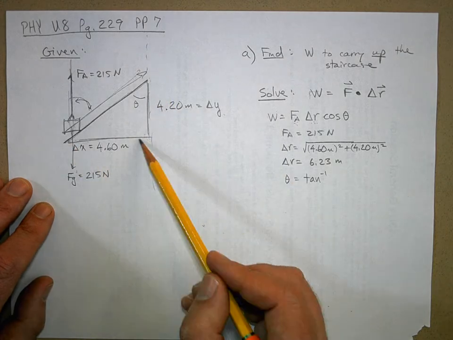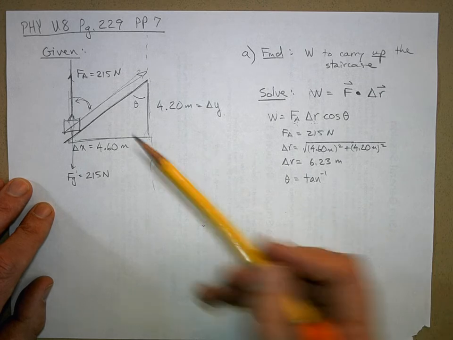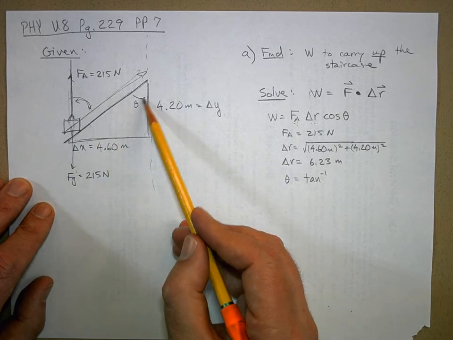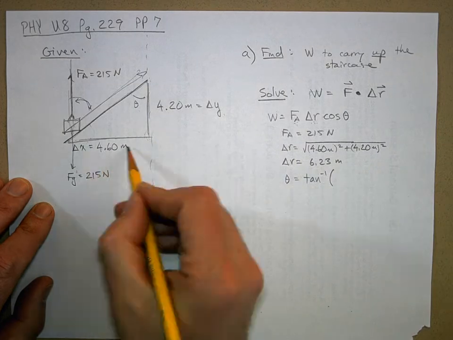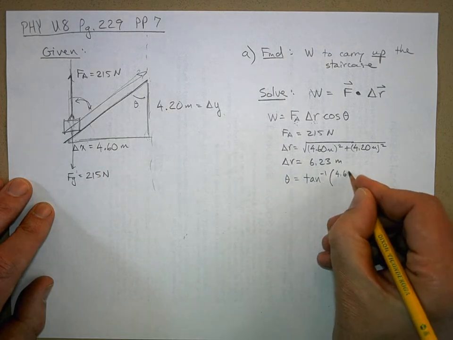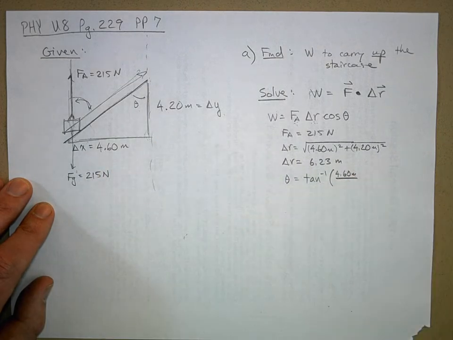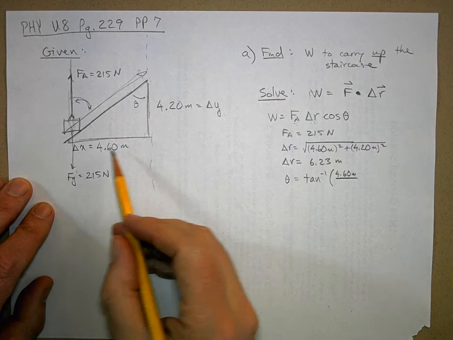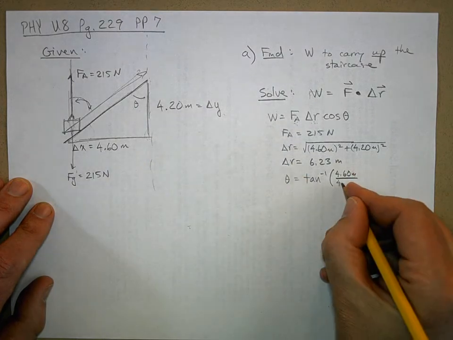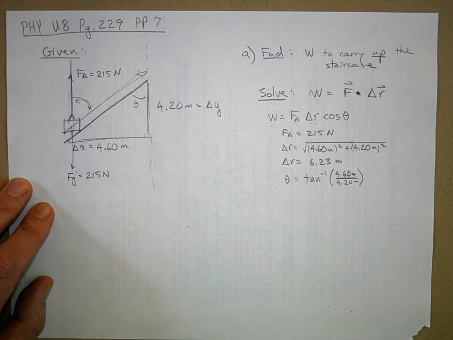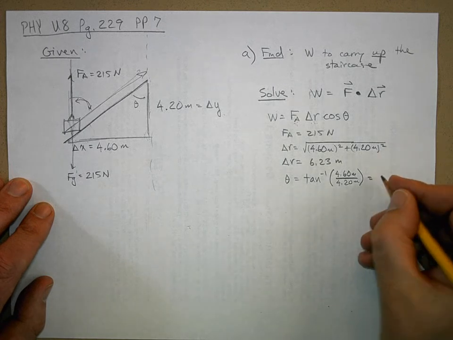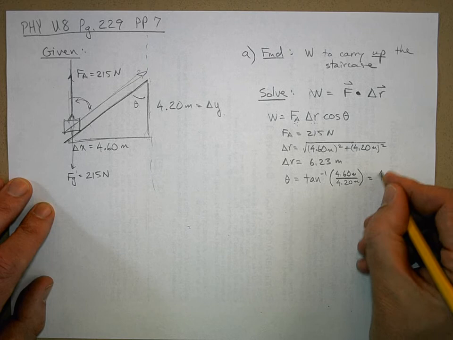So it's really the x over the y, which is the opposite of what we usually do, but we don't want this angle, we want this angle. So this is going to be the opposite, 4.6 meters, over the adjacent, which is the 4.2 meters. And when you go through that, you get 47.6 degrees.